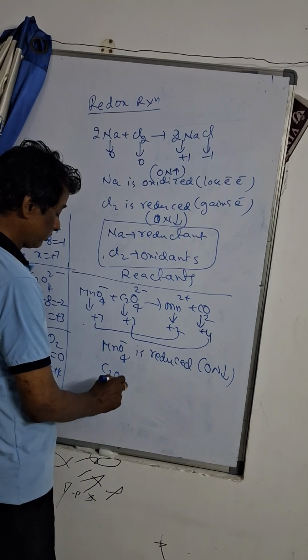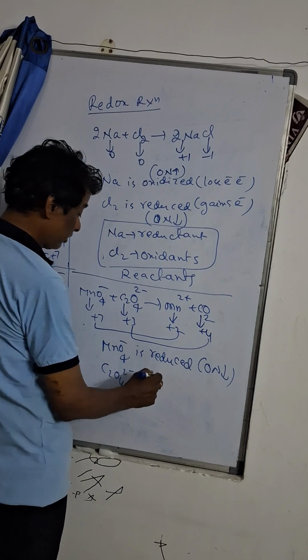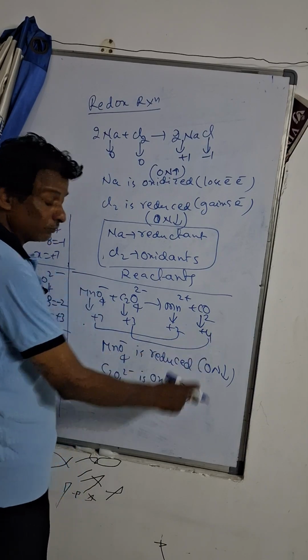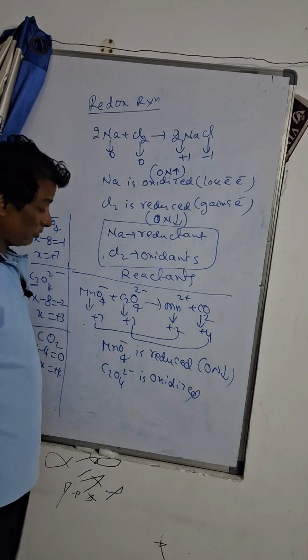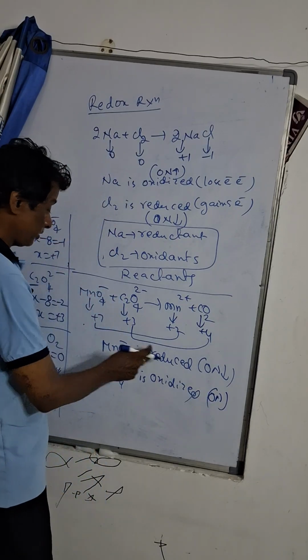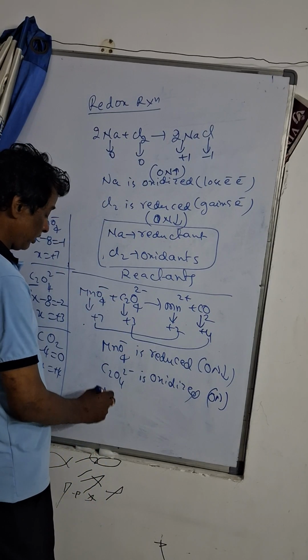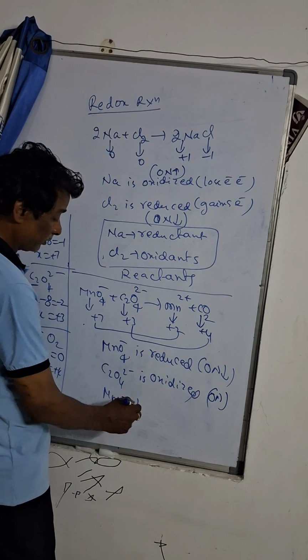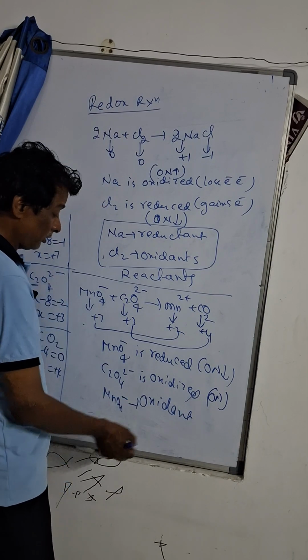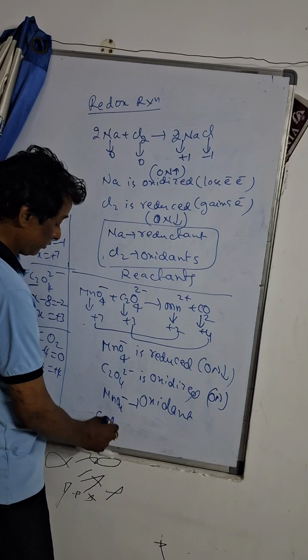Oxalate is oxidized, plus 3 to plus 4, the oxidation number increases. MnO4 minus is reduced, so MnO4 minus acts as the oxidant. C2O4 is oxidized, C2O4 is the reductant.